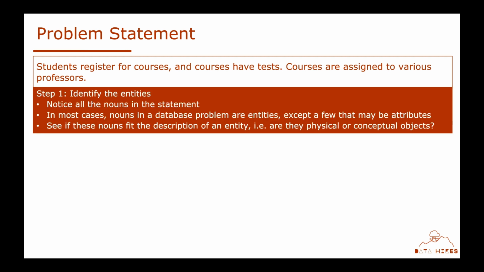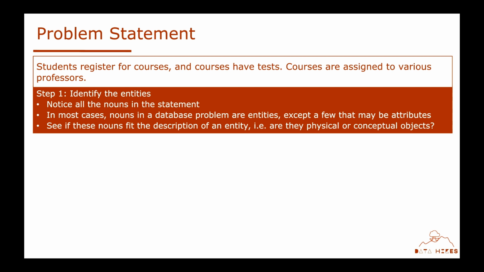The first step in building an ER diagram is identifying the entities. Basically, identifying the main players in this database system. The very basic thing to do here is just notice all the nouns in the statement. Especially when the statement is this simple, it is safe to say that most of the nouns here would actually convert to entities.